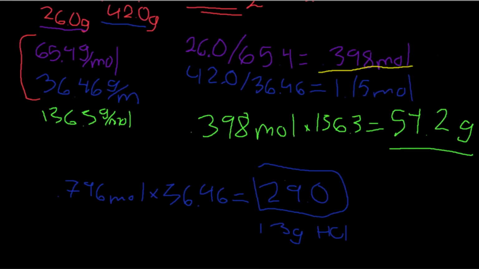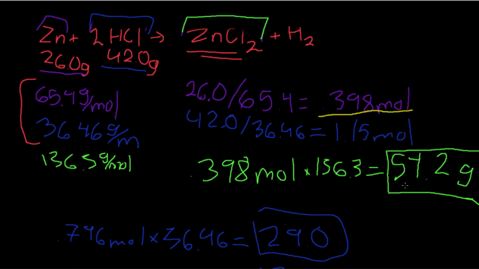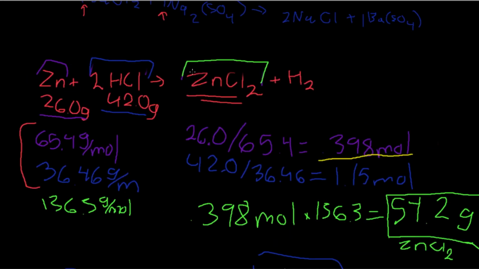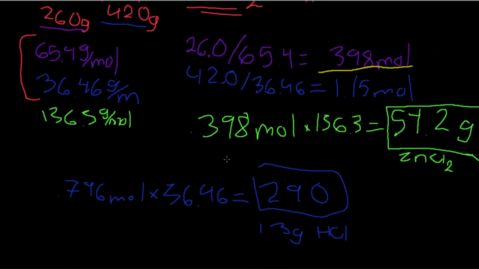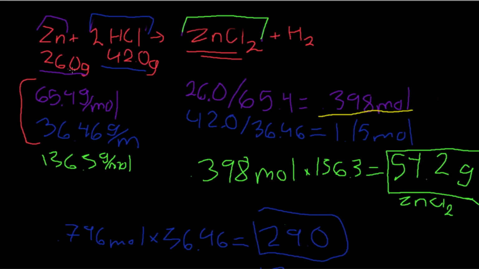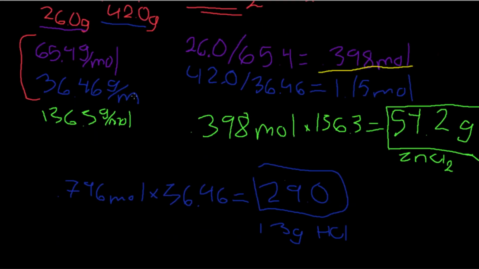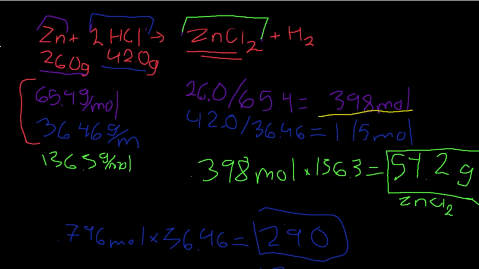And I am going to clarify up here that this answer is how many grams of zinc chloride were produced by this reaction. Overall, the limiting reactant was the amount of zinc. So, happy studying. Hope you get that extra credit answer right.